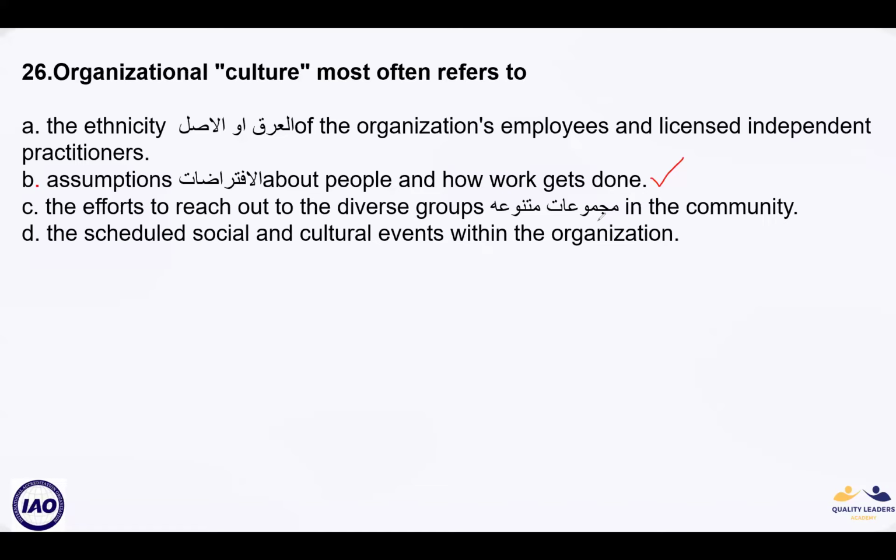The efforts to reach out to diverse groups in the community. This is more about community engagement and not regarding culture. The scheduled social and cultural events within the organization. These are service level activities, not the deeper assumptions of the culture. They are only a sort of show off, right? So option B, assumptions about people and how the work gets done here, is the definition of culture. Okay.